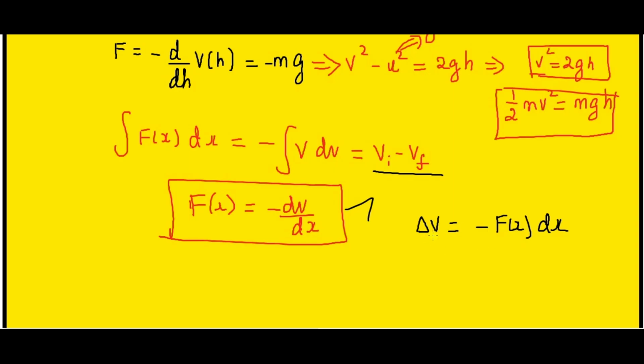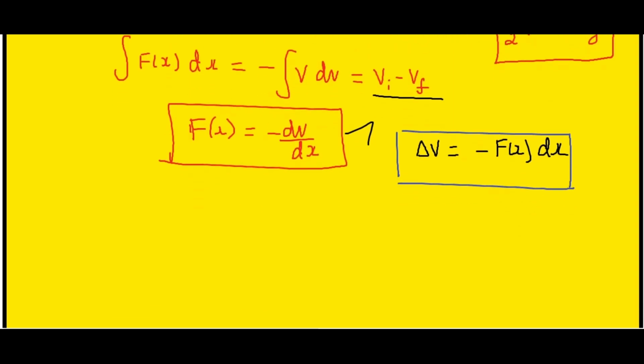From this relation we have got our final answer. So the change in potential energy is going to be given by the work done, that is force into displacement. The dimensions of the potential energy are the same as the normal energy.